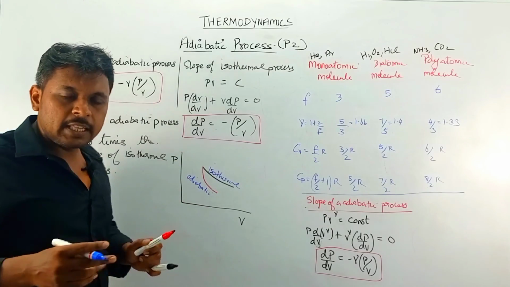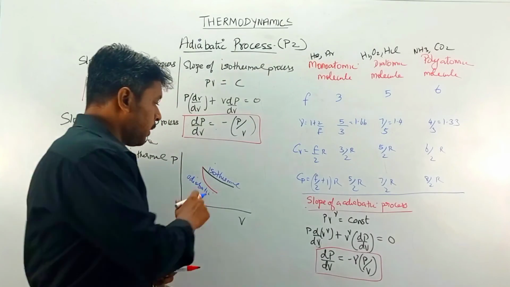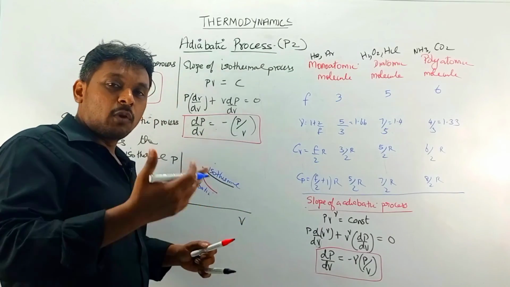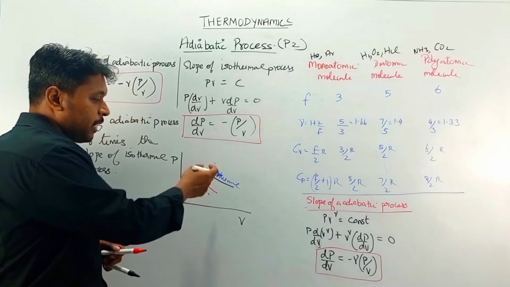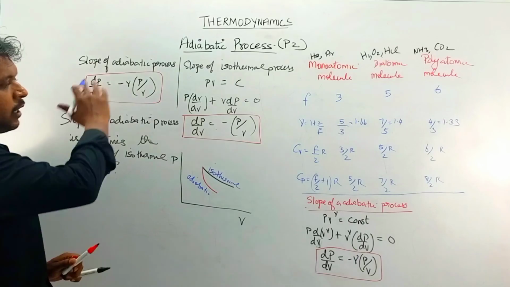From this graph we can see that the slope of adiabatic process is steeper when compared to the isothermal process. The curve is steeper, which says that the slope of adiabatic process is more when compared to your isothermal process. Okay, so that's it about adiabatic process.